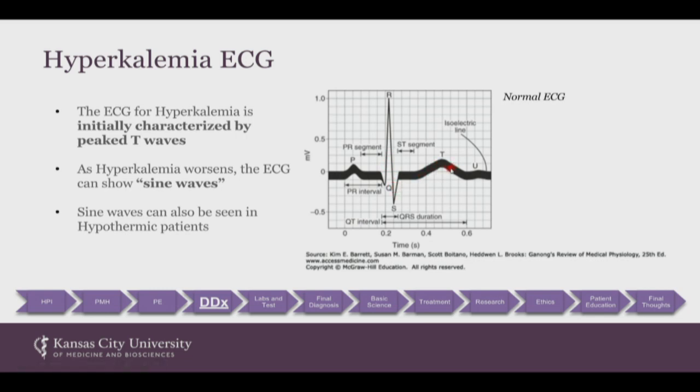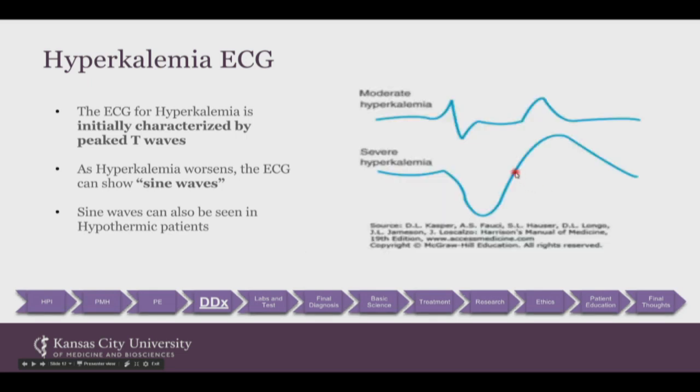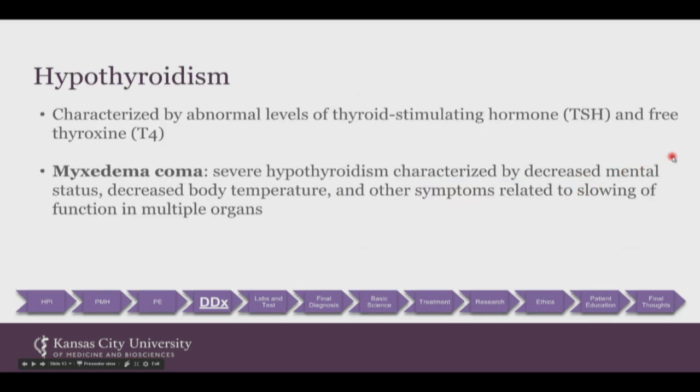In a hyperkalemic patient, this T wave seen here will be abnormally high or peaked. If the hyperkalemia becomes more severe, this QRS complex, which is normally tall and narrow, can become widened, as seen here on these abnormal EKGs. Here we see the QRS and the peaked T wave, and in a severe case of hyperkalemia, we see this widened QRS complex.